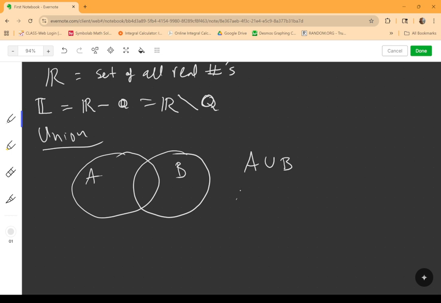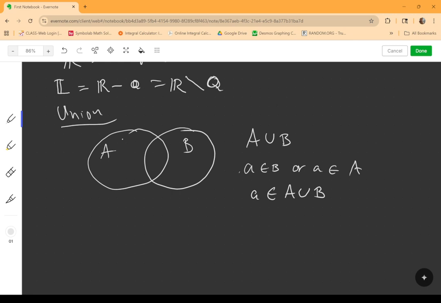If x is an element of A or x is an element of B, then x is an element of A union B. That encompasses everything.